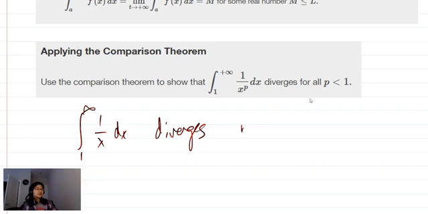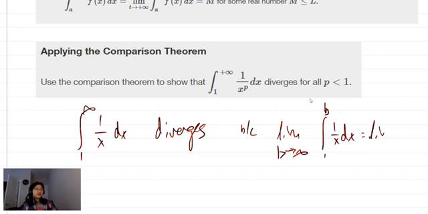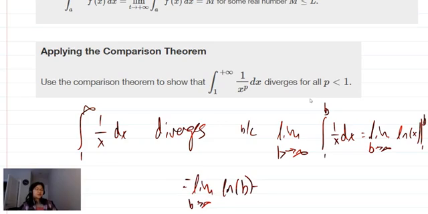The limit as b approaches infinity of the integral from 1 to b of 1 over x dx gives us the limit as b approaches infinity of natural log of x from 1 to b, which is the limit as b approaches infinity of natural log of b minus natural log of 1, which is infinity. So we know that this diverges.